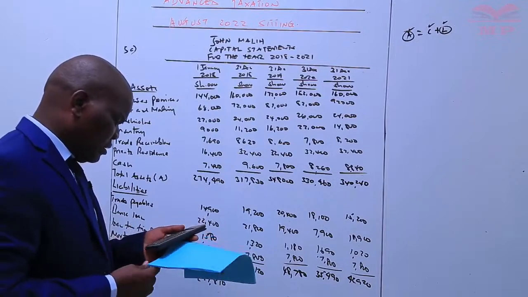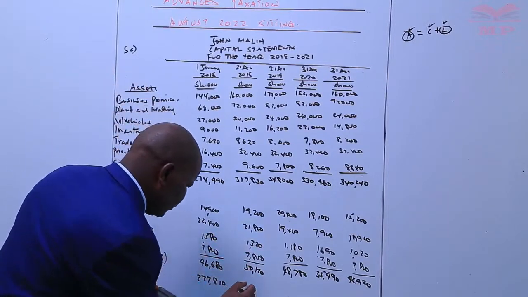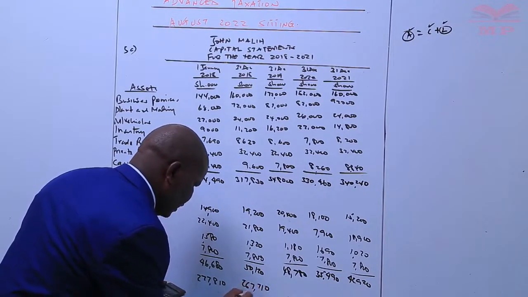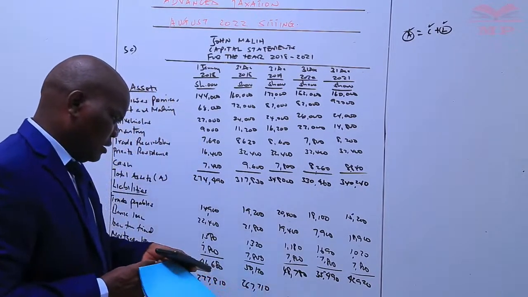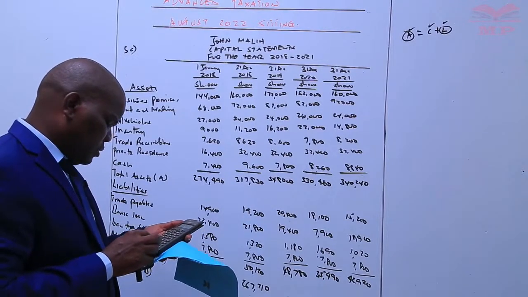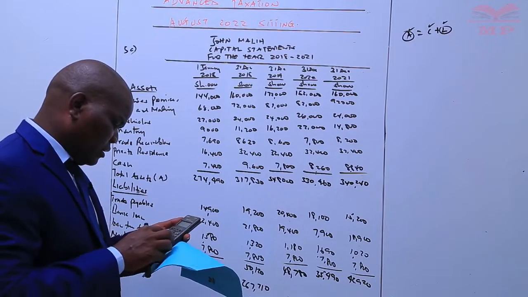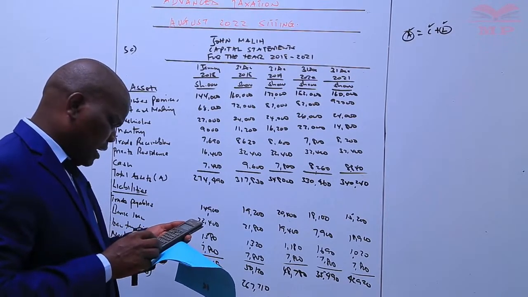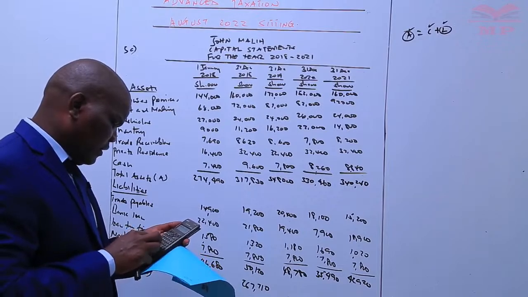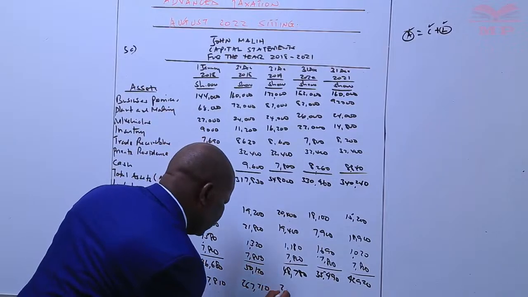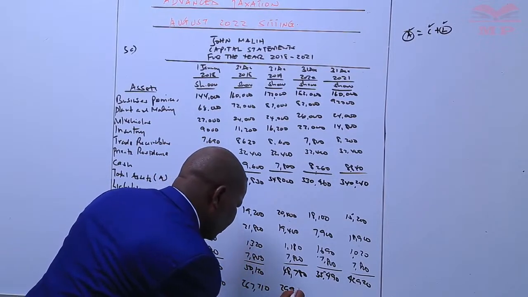I get 267,710. Next, I have 348,000 minus 48,780. I get 299,220.